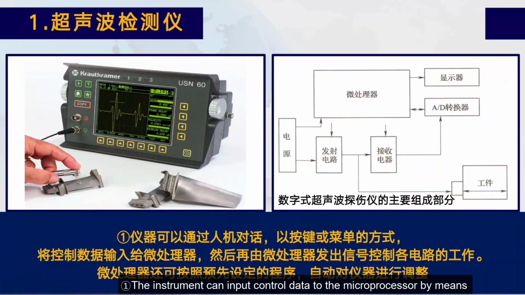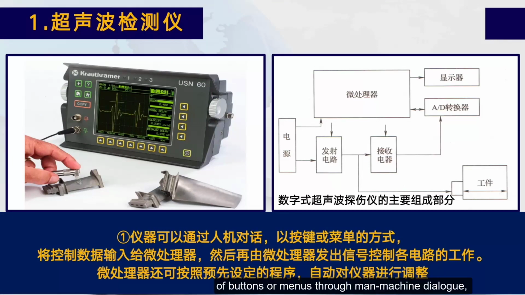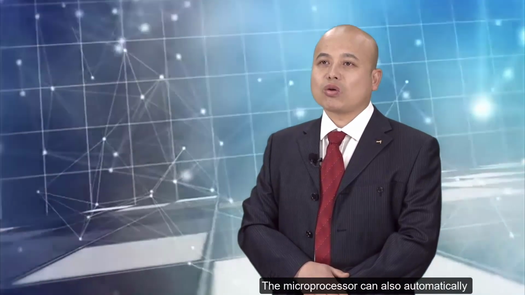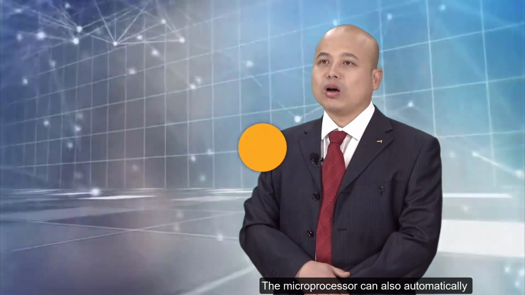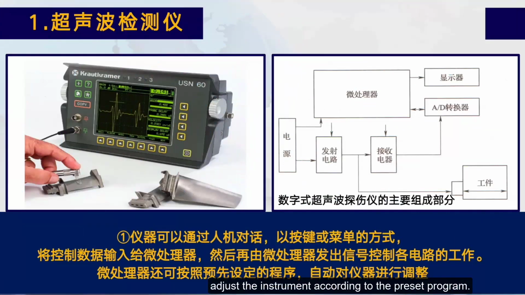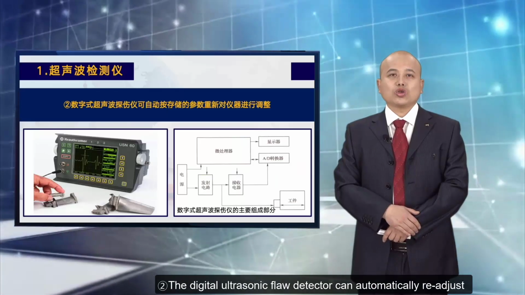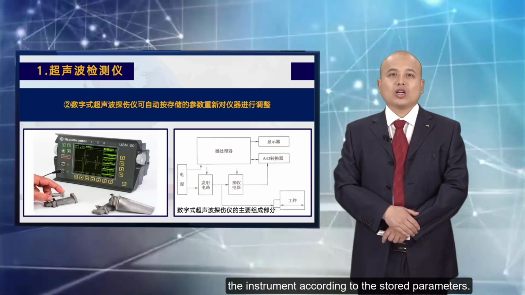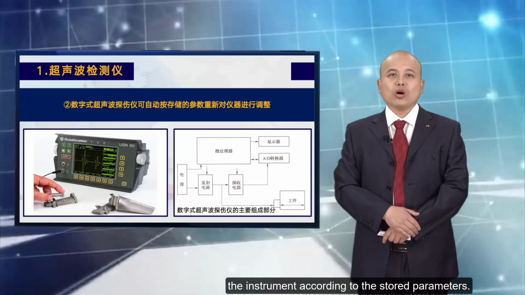The instrument can input control data to the microprocessor by means of buttons or menus through man-machine dialogue, and then the microprocessor sends signals to control the work of each circuit. The microprocessor can also automatically adjust the instrument according to the preset program. 2. The digital ultrasonic flaw detector can automatically readjust the instrument according to the stored parameters.